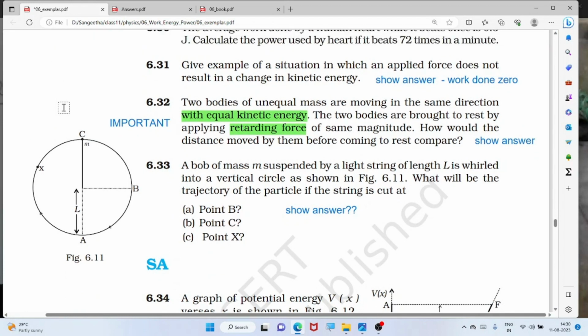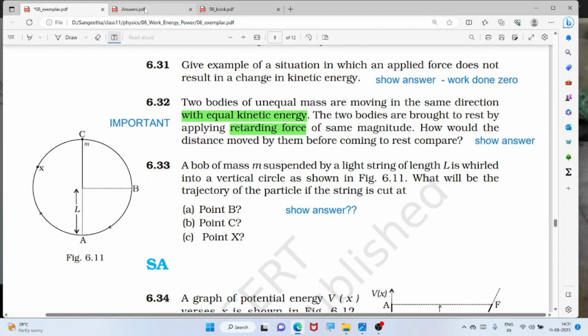Two bodies of unequal masses are moving with equal kinetic energy. Half mv squared is equal for both bodies. The two bodies are brought to rest by applying retarding forces of the same magnitude. How far will they move before coming to rest?